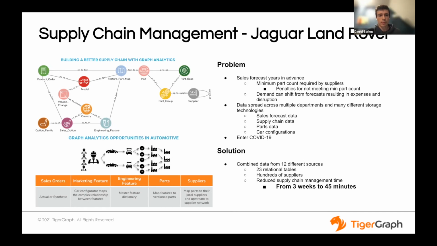But once we were able to step in with graph and connect all of those different data sources to each other, once we were able to start looking at the relationships between those different tables, between those different suppliers, between the different orders and car models and car parts and everything, then they were able to just write queries to extract this information.